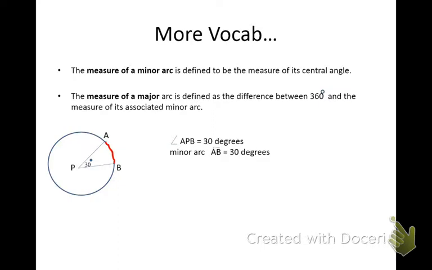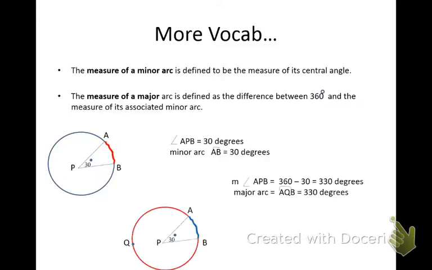The measure of a major arc is the difference of 360 and its associated minor arc. So if I were to find the major arc, the blue line, I would subtract 30 from 360. The major arc AQB is 330 degrees in this picture.